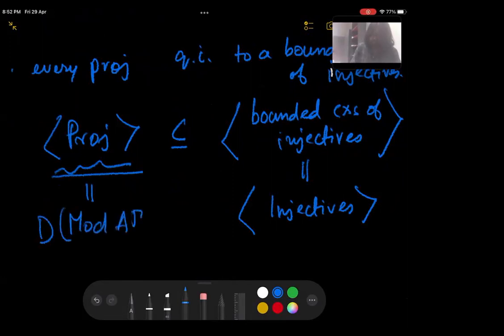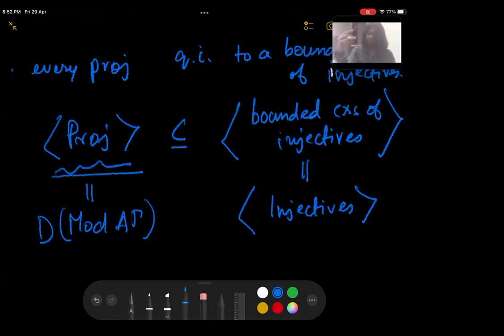And that can be proved based on two facts. One, every module has complete projective resolutions. So every module is quasi-isomorphic in the derived unbounded category to a right-bounded complex of projectives.